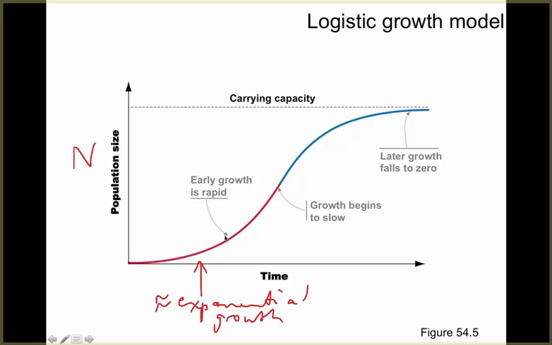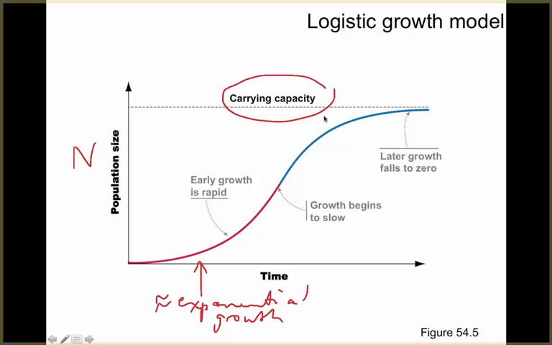So if this early part is exponential growth, as mentioned before, this is rarely sustainable, and so what one typically does see in real life is that the growth begins to slow and eventually levels off, and the population size at which it levels off has a specific name, and this is called the so-called carrying capacity of the population.